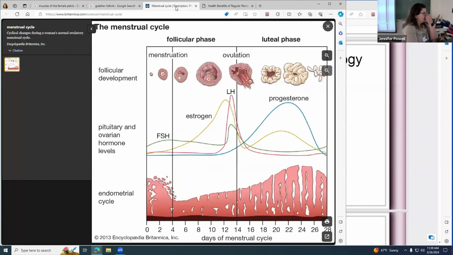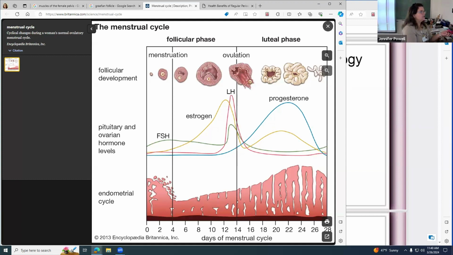Now, at the same time all of this is happening, this endometrium cycle is happening. So you've got on day 1 of your period, or day 0 let's say, a thickened endometrium, and then you get your period and you bleed. And then on days like 4, 5, 6 or whatever, if you were to do an ultrasound, you would see a very thin endometrium.